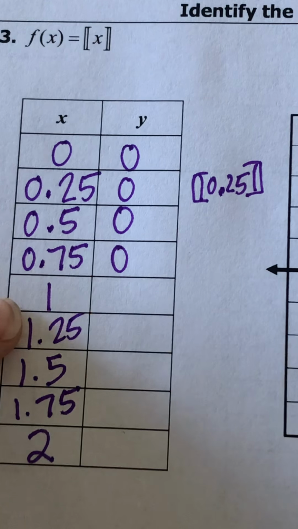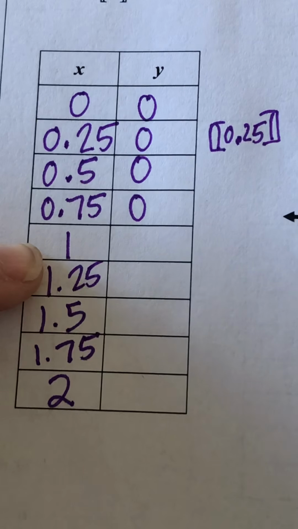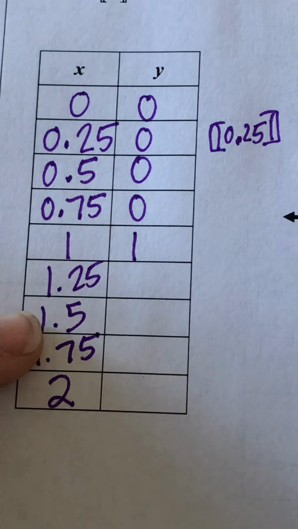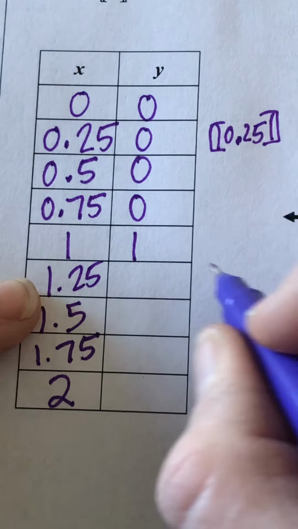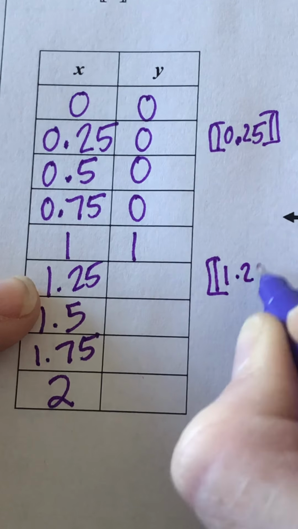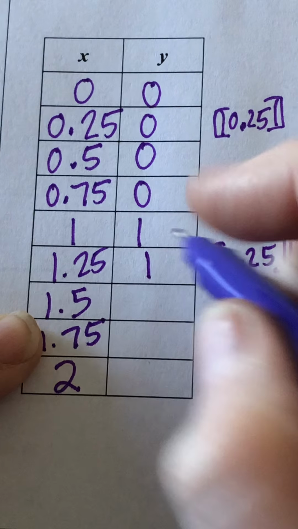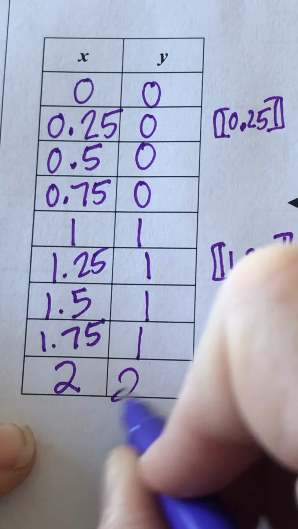Now, at 1, the greatest integer is 1. That's an integer. And if I go on, the greatest integer of 1.25 without going above it has to be 1. This will be 1, that'll be 1, and then we're at 2.